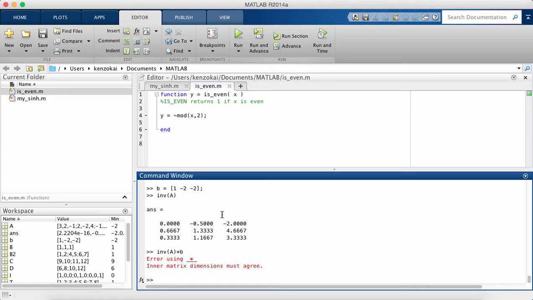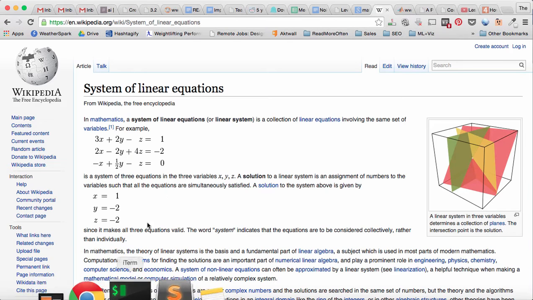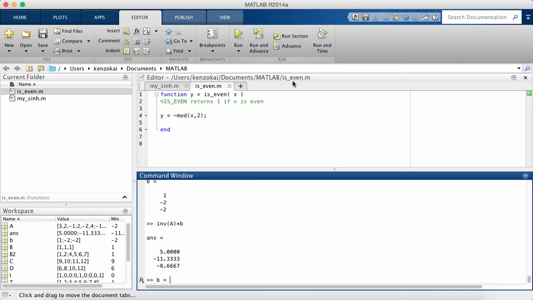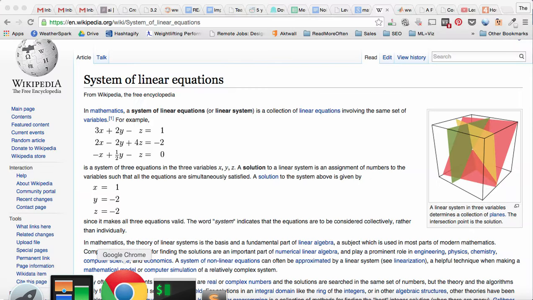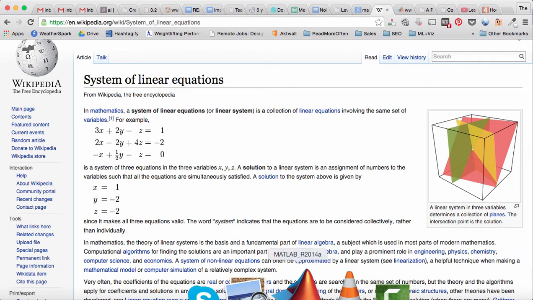Oh, and I have to make B a column matrix. Sorry, I used the wrong B. Okay, so inverse A times B. So I get 1, minus 2, minus 2, which is the answer given on Wikipedia.